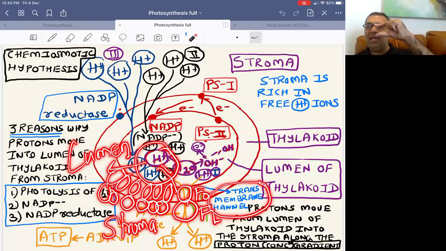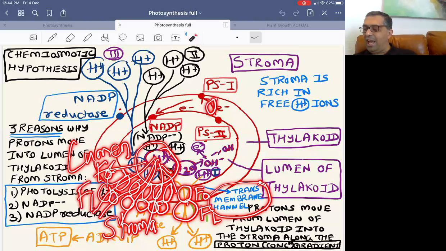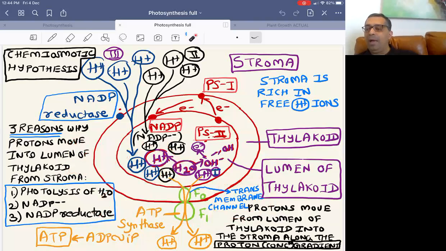So protons pass through F0, F1 everywhere, and as protons pass through F0, F1, what will happen?